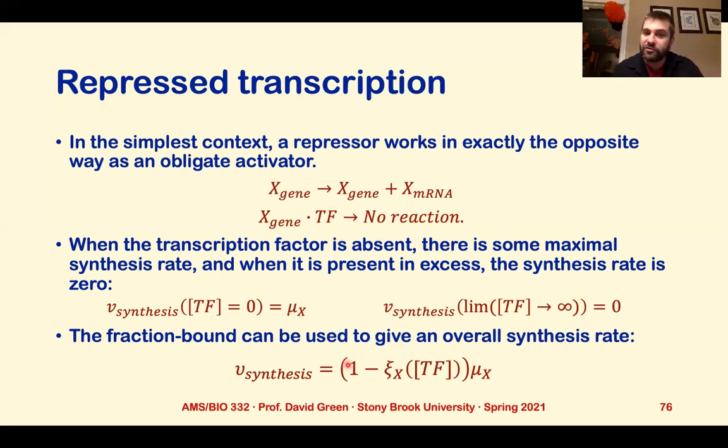And so all we need to do is 1 minus this same psi x, describing the fraction of the transcription factor bound, multiplied by this overall rate to give a model for repressed transcription.